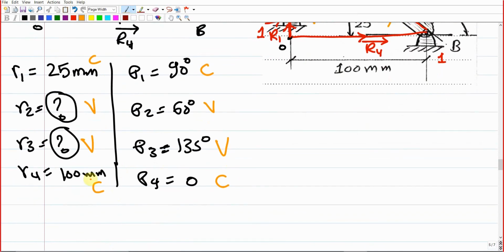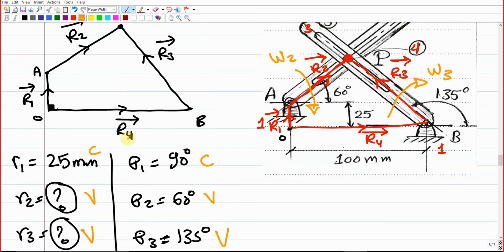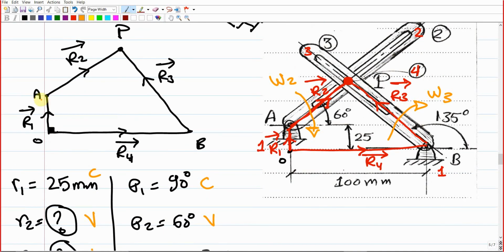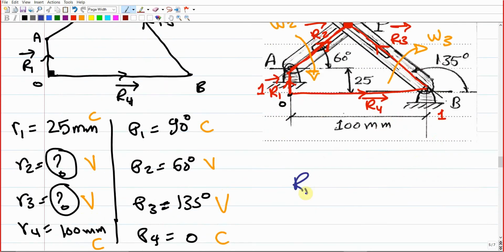Then your objective is just to set up the loop closure equation for this mechanism. We have R1 and R2 going in the same direction, and R3 and R4 going in the opposite directions. So we end up with the loop closure equation: the R1 vector plus the R2 vector equals the R3 vector plus the R4 vector.